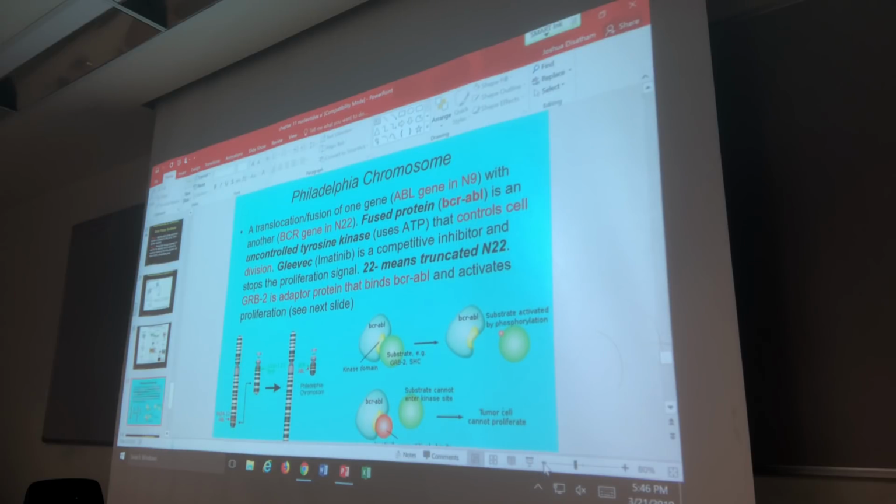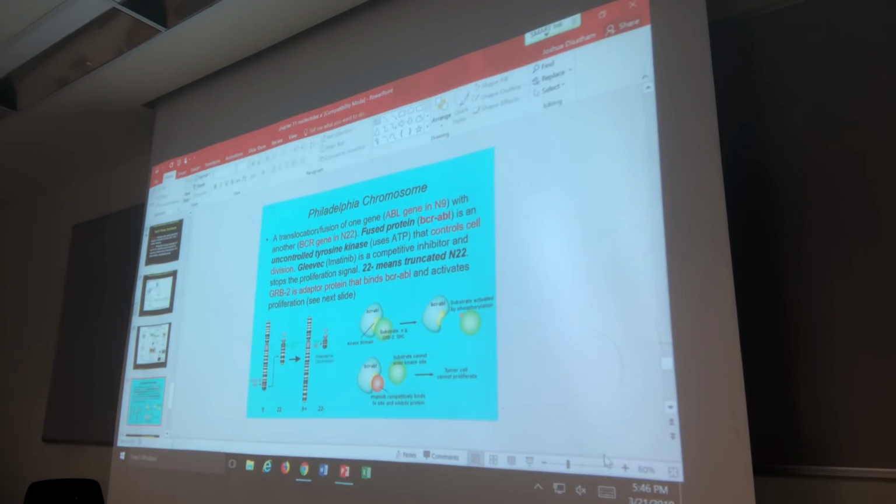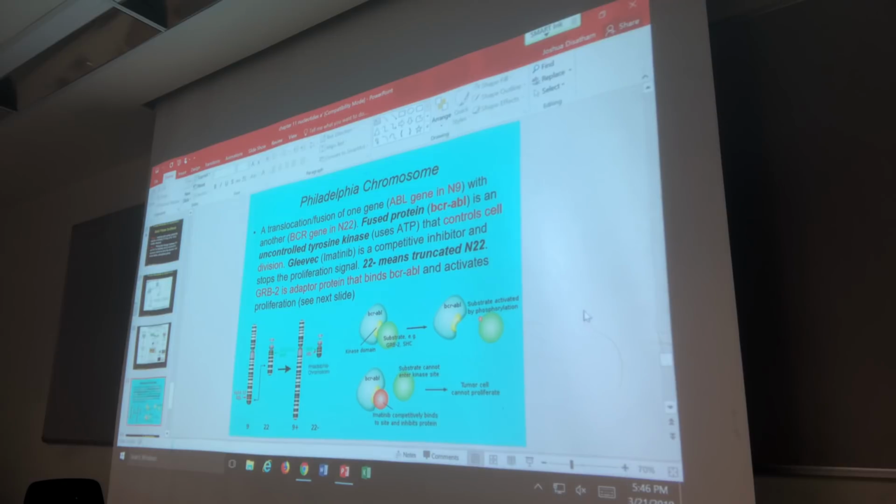Other interesting things, talking about chromosomes and such, is this very weird chromosome abnormality called a Philadelphia chromosome. There's a lot of detail on here, but basically how this works is, you know how we have 23, 26, I don't even remember anymore.